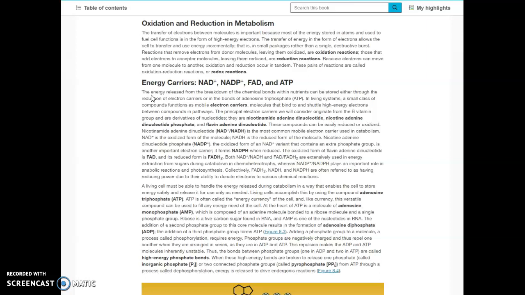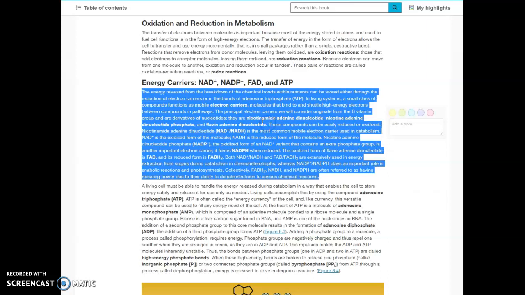Okay, and in living organisms, we have a group of molecules that function as electron carriers. They are mainly B vitamins, and they are NAD, NADH, and FAD.